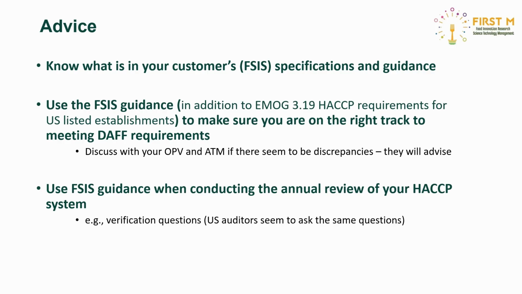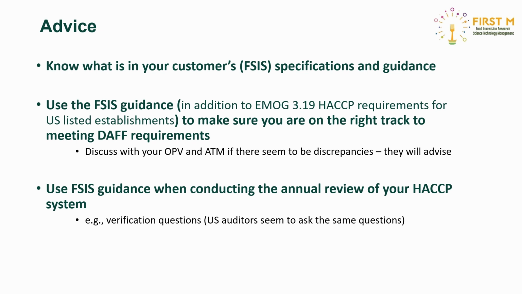So my overall advice on this is know what's in your customer's specifications and guidance. So look at those documents and use the guidance, as well as the guidance that the department has on HACCP requirements for US listed establishments, to make sure that you're on the right track.